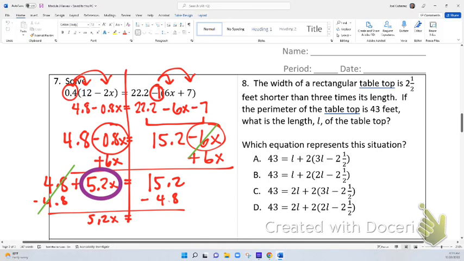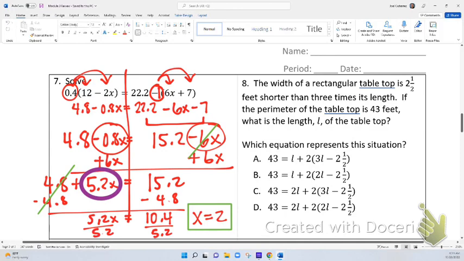Just use a calculator. We're allowed to. You get a 10.4, divide both sides by a 5.2, and you get x is equal to 2. So there's your answer for question number 7.